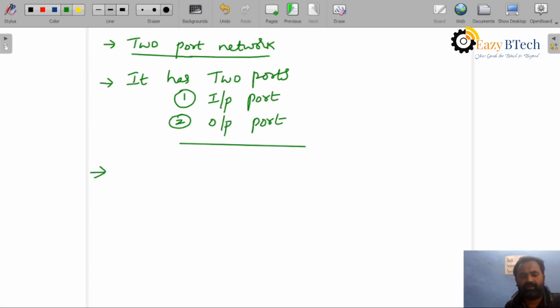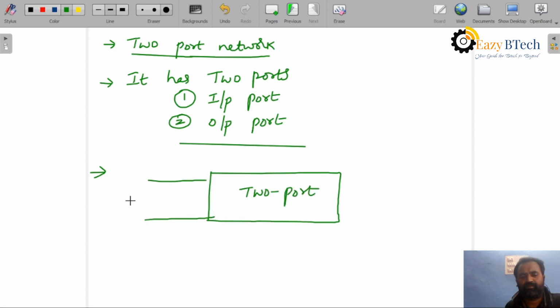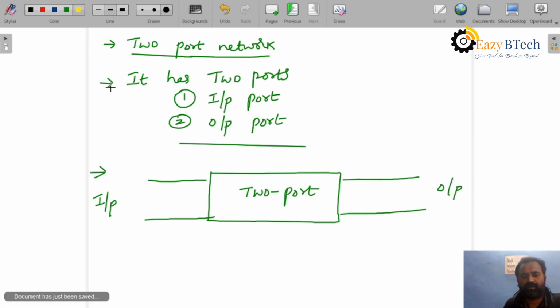Next, if you draw a two-port network, this is a two-port network. It is an input port. It is an output port. Input current is I1, input voltage is V1, output current is I2, output voltage is V2.